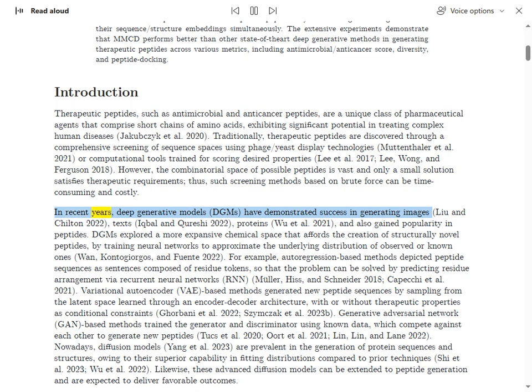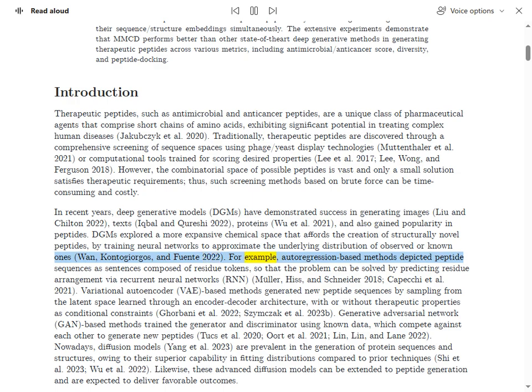In recent years, deep generative models, DGMs, have demonstrated success in generating images, texts, proteins, and also gained popularity in peptides. DGMs explored a more expansive chemical space that affords the creation of structurally novel peptides by training neural networks to approximate the underlying distribution of observed or known ones, Juan, Canto-Jorgos, and Fuente 2022.